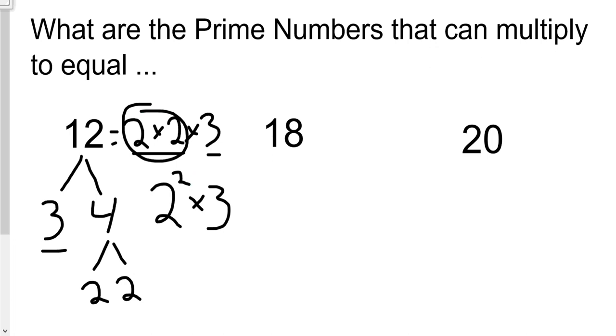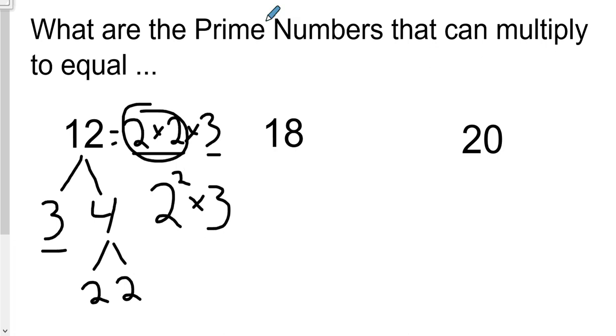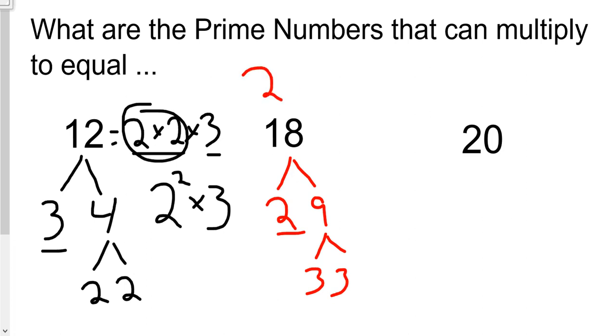And then when I do 18, once again, there are different ways I can do 18. I'll just do 2 and 9. 2 is prime, 9 is not, so I have 3 times 3. So now I have 18 is 2 times 3 times 3. So that's one 2, by the number of 3's.